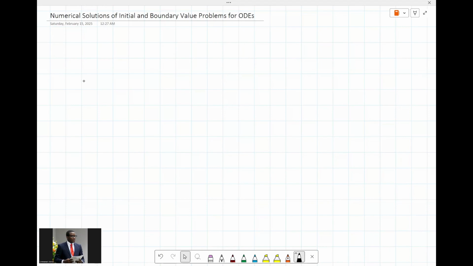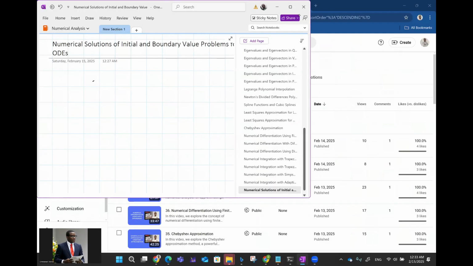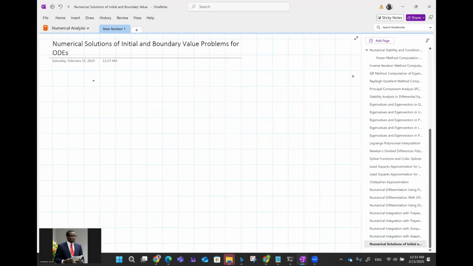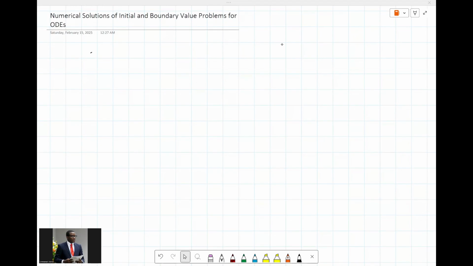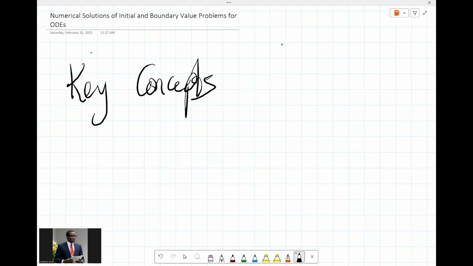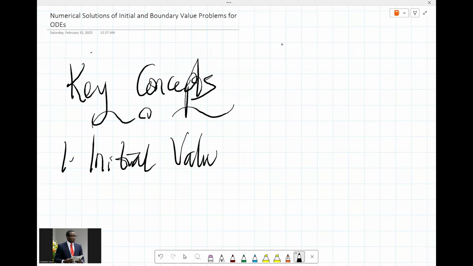So let's look at key concepts in this regard. So first of all, we talk about initial value problems, IVPs.